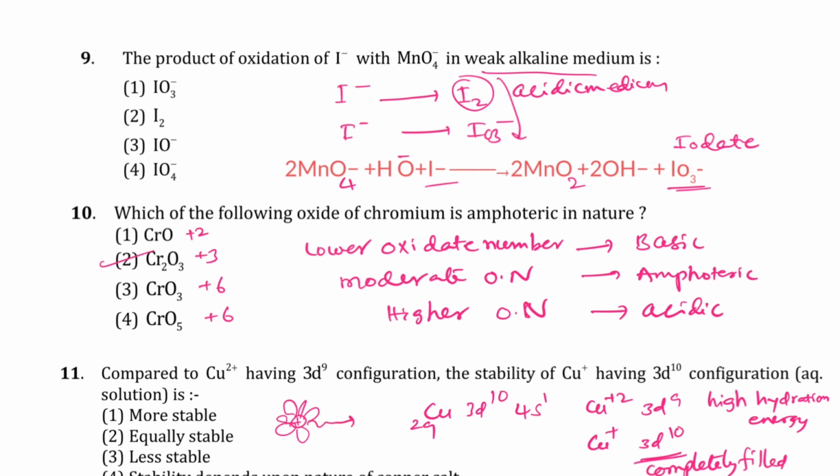Energy release means the molecule goes to lower energy, and lower energy is more stable. Therefore, Cu2 plus is more stable than Cu plus 1 in aqueous solution, despite the configuration stability of Cu plus.